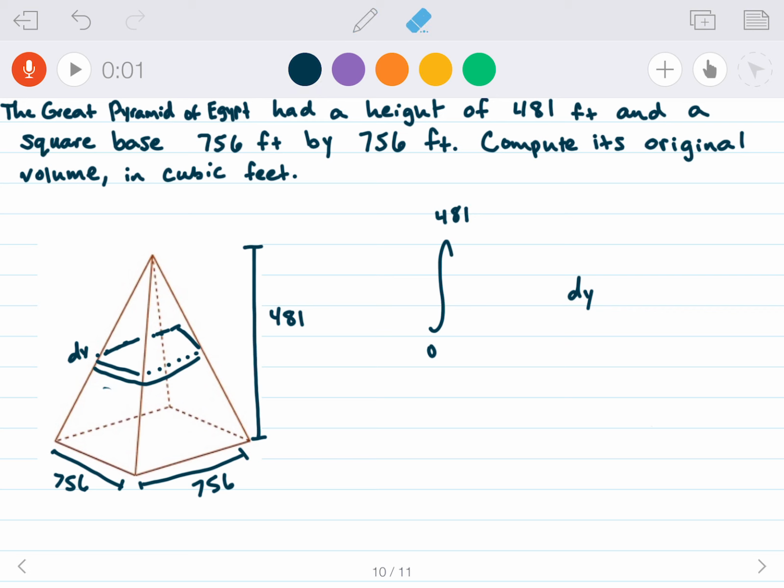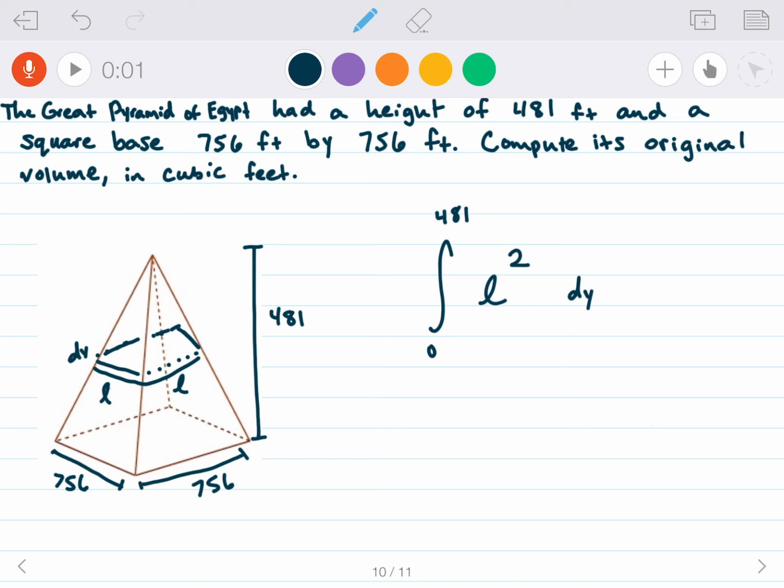Now we know for sure that the length and the width are going to be the same because we're told that the base is square and that square relationship is going to apply no matter where we are. So this is going to be length times the thickness. That's going to be our volume.